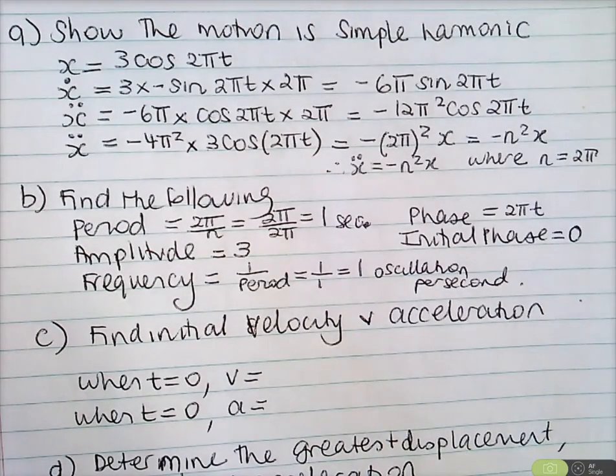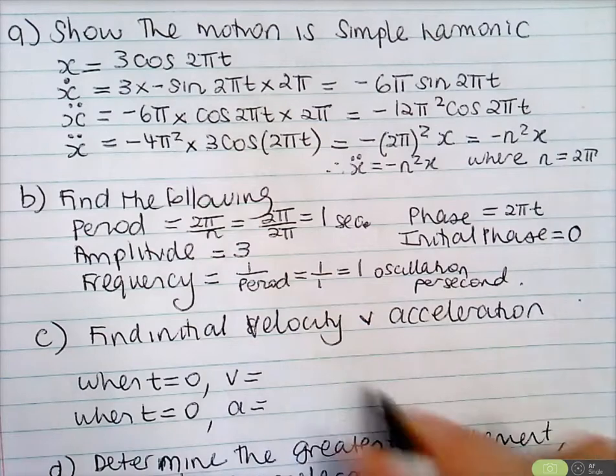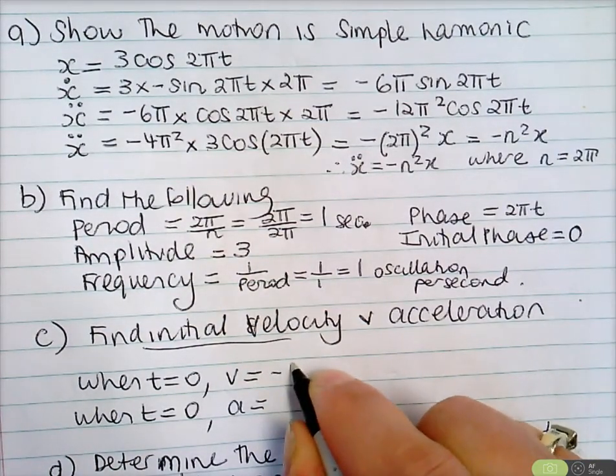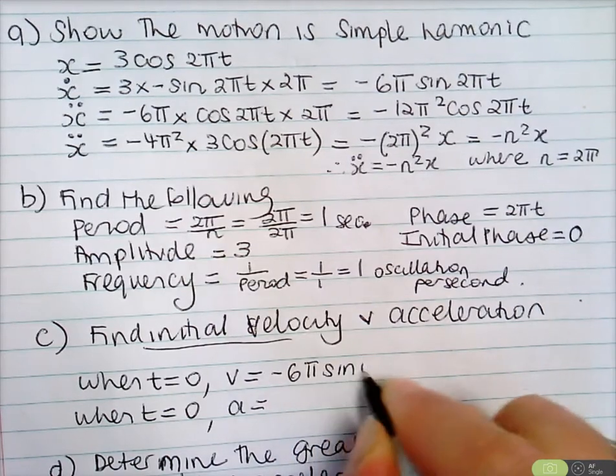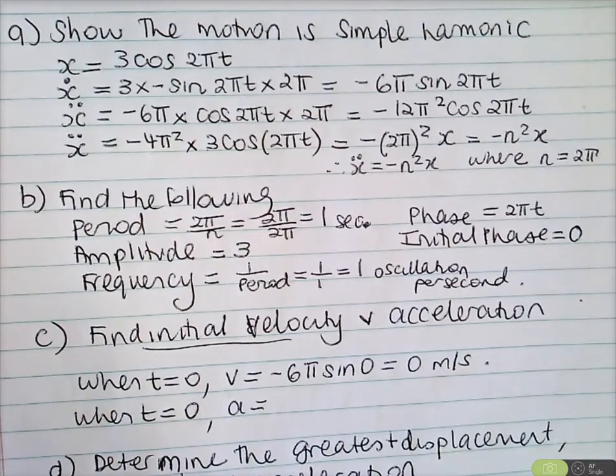Now, initial velocity and acceleration, we've got the velocity equation. So, yep, sub t is 0 for initial velocity. So you get negative 6 pi sine of 0, which is just 0 meters per second. So initially the particle's not moving.